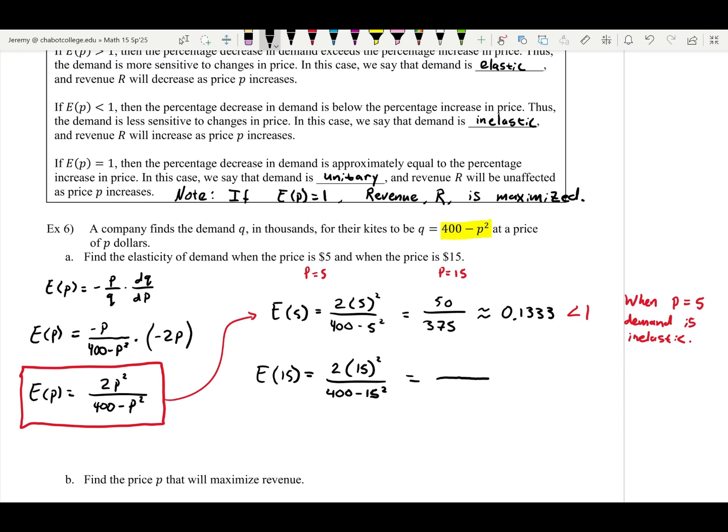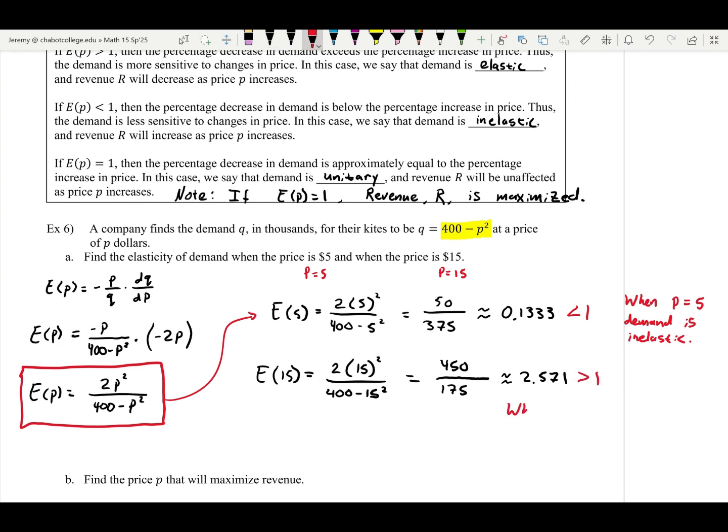Admittedly, I don't know what 15 squared is. I got 450 in the numerator divided by 175. I can definitely see this number is greater than 1. I put it in my calculator and got approximately 2.571. And this, of course, is greater than 1.